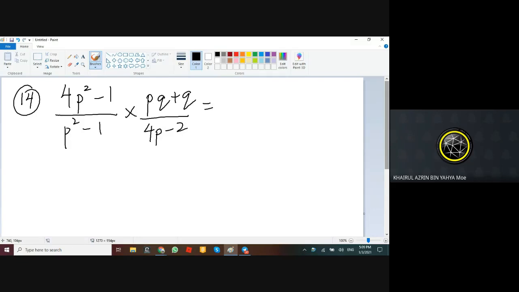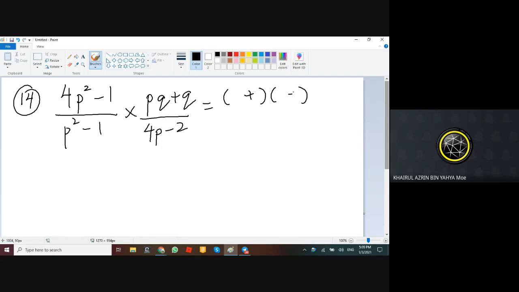Okay. So 4P square minus 1, if you still remember factorization, we can factor that one. We can factor become 2 bracket like this. This is plus and this is minus.